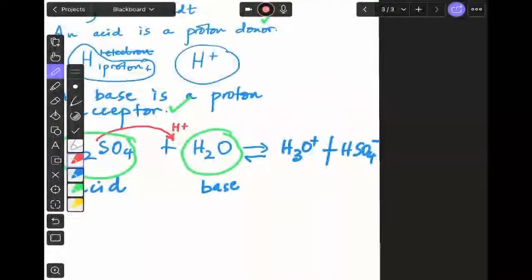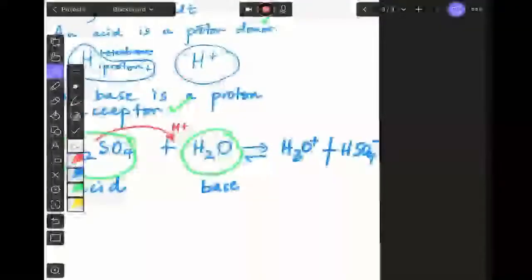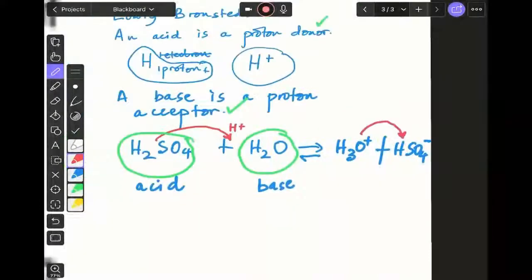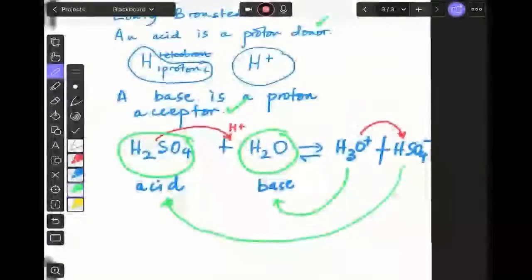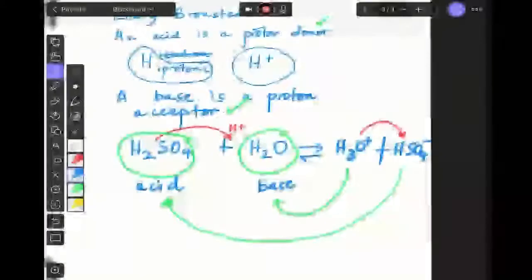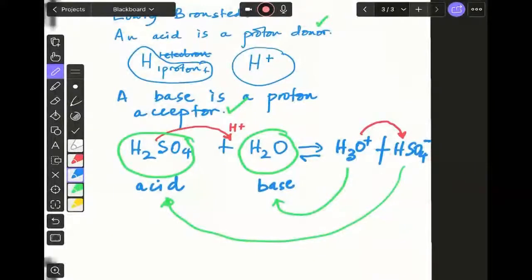And the HSO4 minus, when it accepts the proton, becomes H2SO4. So, in the reverse reaction, the H3O plus acted as an acid, and the HSO4 minus acted as a base.